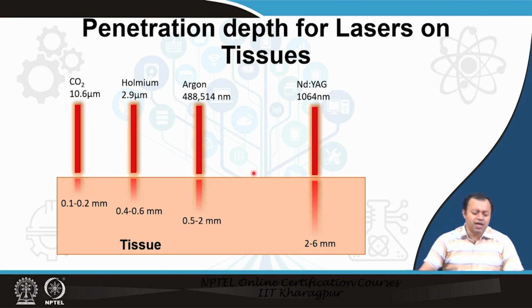If you are doing a cataract operation, some sort of lens correction, then CO2 laser is more preferred, whereas whenever you are trying to melt a kidney stone or some sort of a blood clot or a tumor, you need high energy density or high penetration depth, 2 to 6 millimeter.